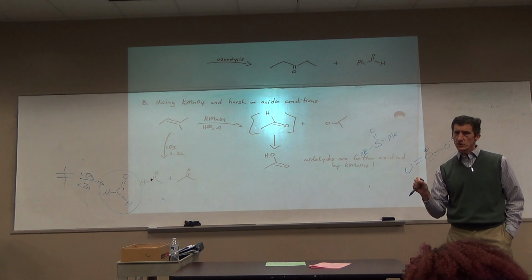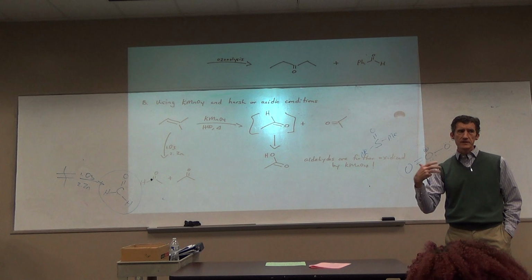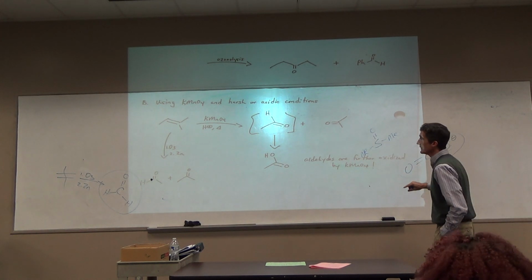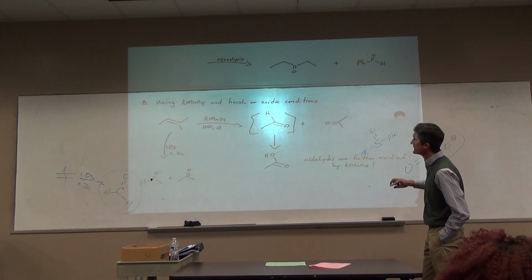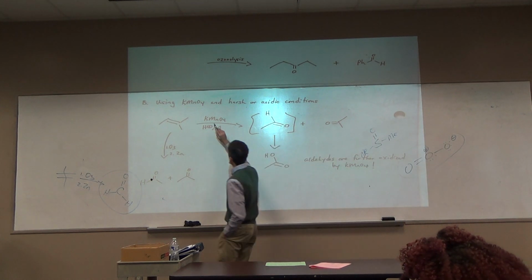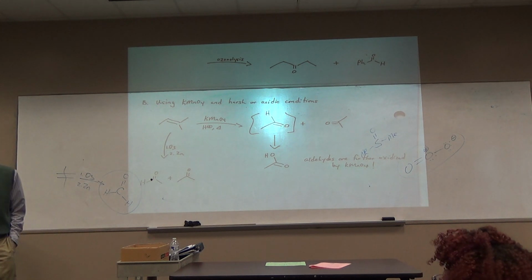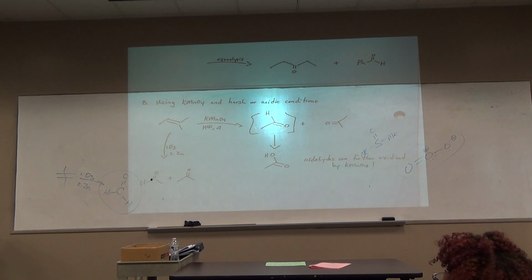That's because KMnO4, if you don't do it right, you get other chemistry. What do you get? This chemistry. If you do KMnO4 with harsh conditions or make it acidic, KMnO4 is a stronger oxidant under acidic conditions.